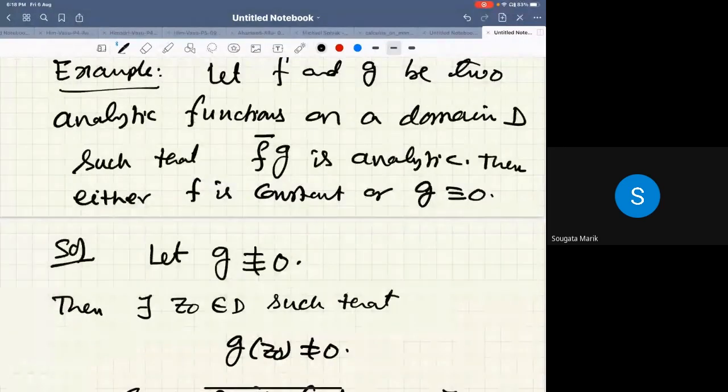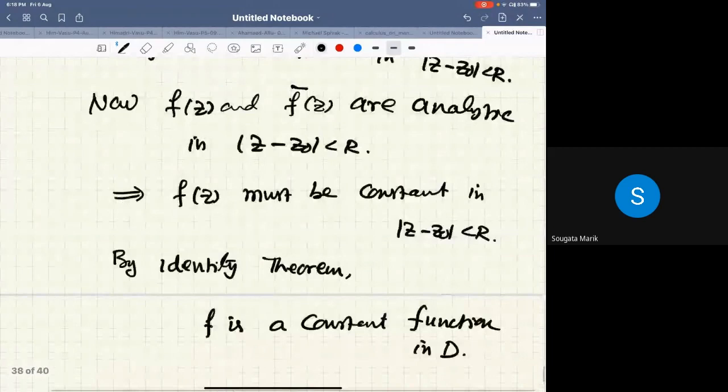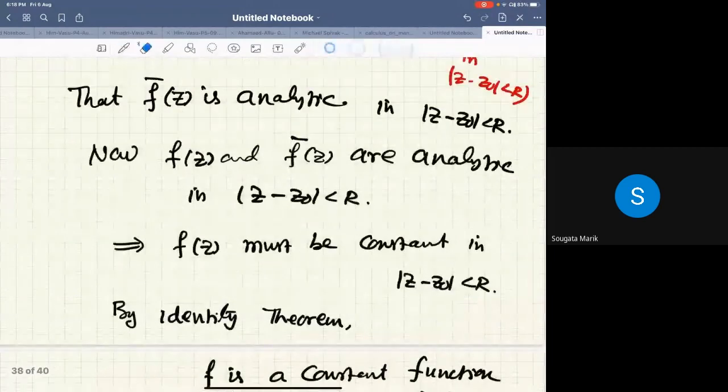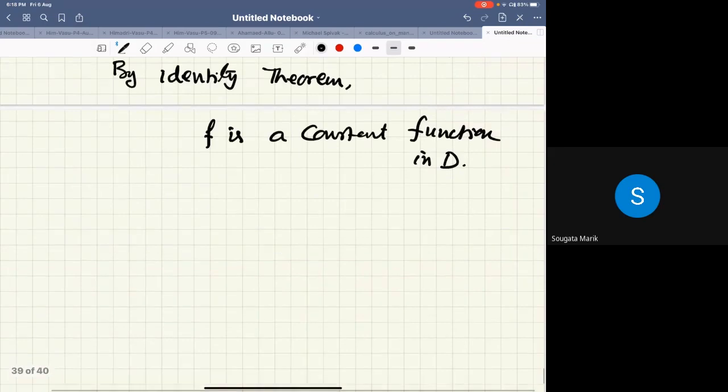Then we proved that f is a constant function. So here this proof is very simple. If someone wants the proof here, z and z bar are analytic functions implies f is a constant function.